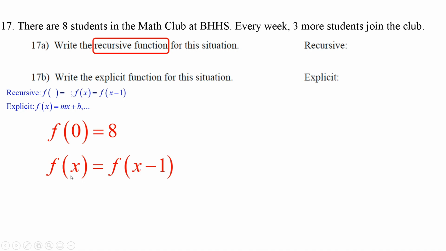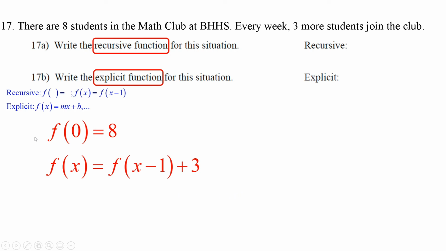So the term I'm looking for is the previous output, and then what are we doing every time? So like every week 3 more students join the club. That means in 1 week we won't have 8, we will have 11. What did we do to this 8? We added 3. So this up here tells me I have a common difference of 3. So all I'm going to do is add 3 every time. There's my recursive.